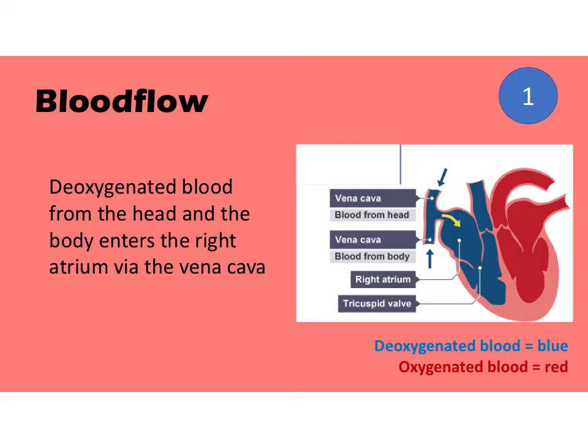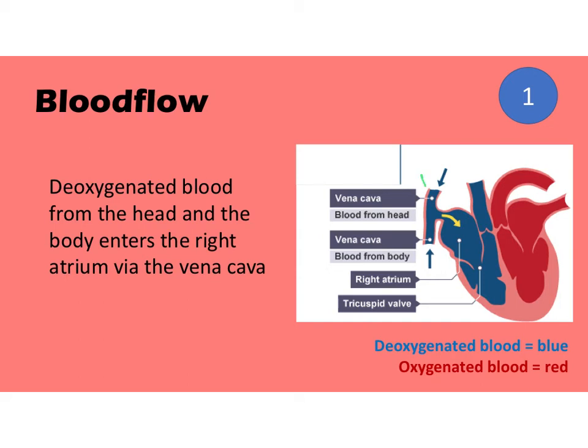Okay, so now we're going to move on to blood flow and look at how the blood moves through the heart. I've mentioned it briefly, but now we're going to look at it in detail. So this is step 1. The deoxygenated blood from the head and the body enters the right atrium via the vena cava.